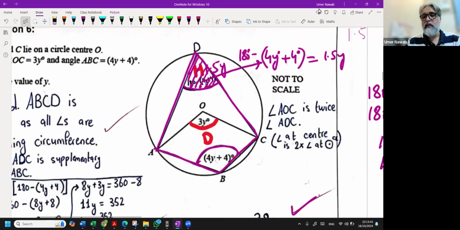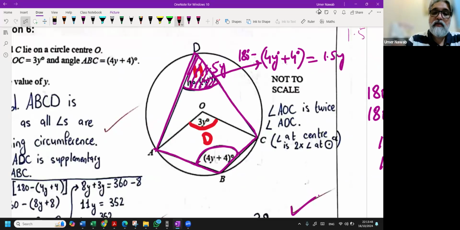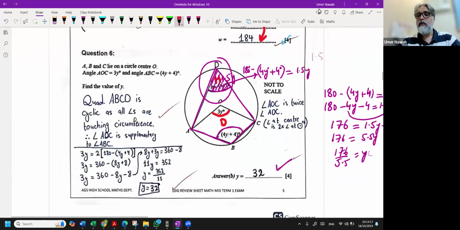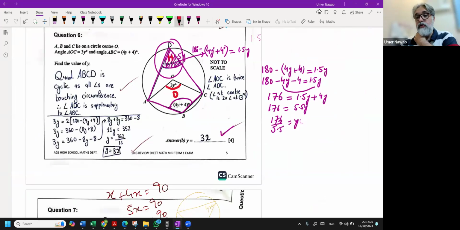So I see that this particular angle was found in two ways: by using the property angle at the circumference is half of the angle at the center, number one, and also by using the cyclic quadrilateral property. So that gives me two angles, and we put them equal to each other to create a linear equation in y, and then we found finally y equals to 32. It's a good question of paper 4.